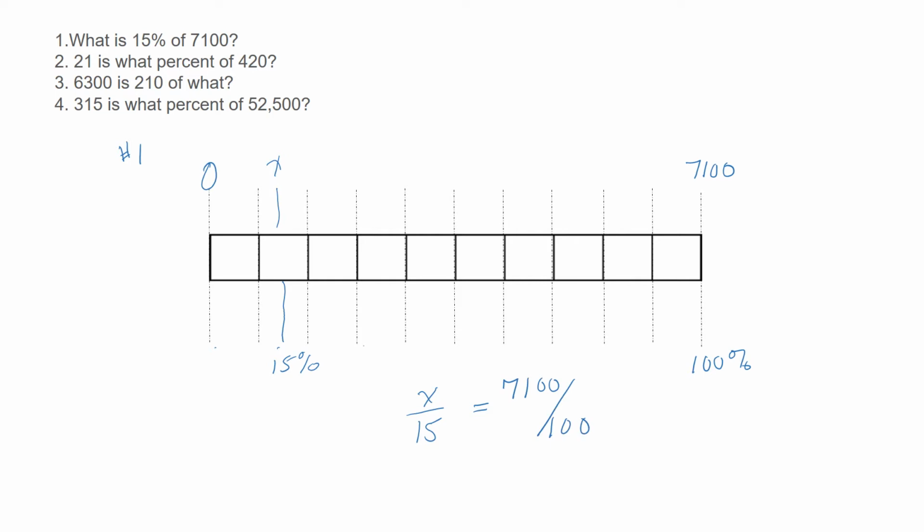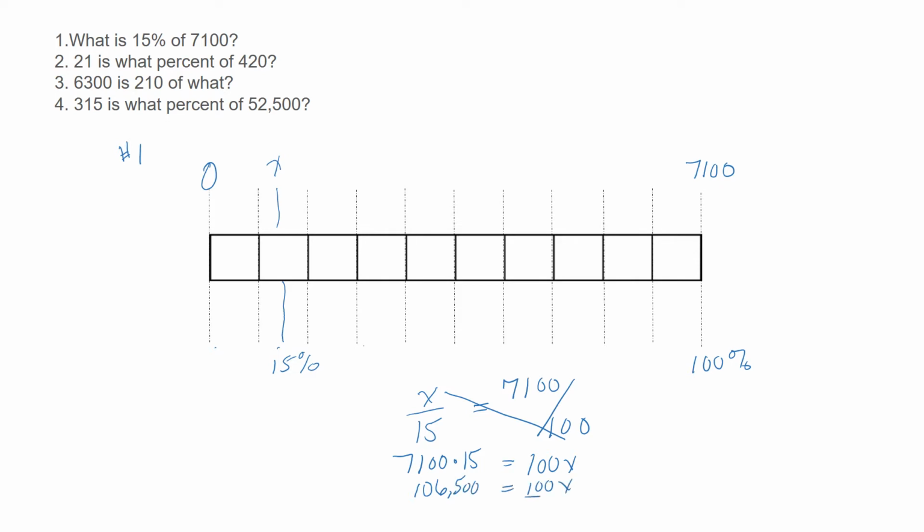We can cross multiply. Technically we're multiplying both sides by 100 and then both sides by 15. So 100x is equal to 7,100 times 15. 7,100 times 15 would be 106,500.